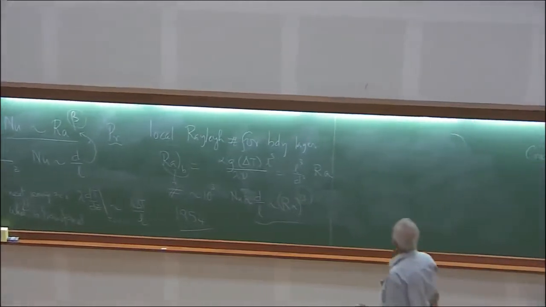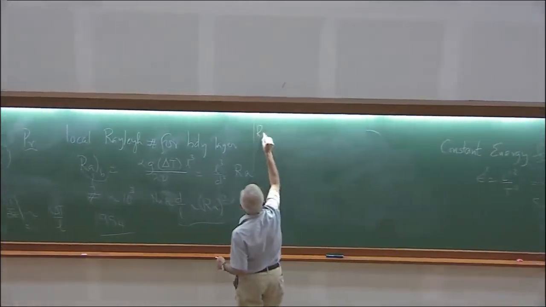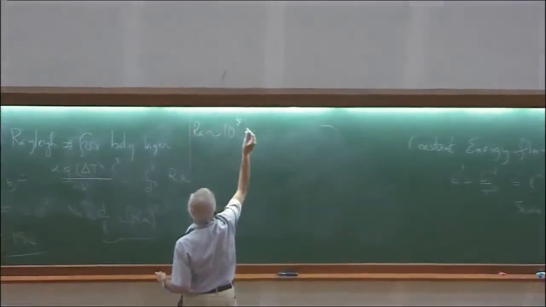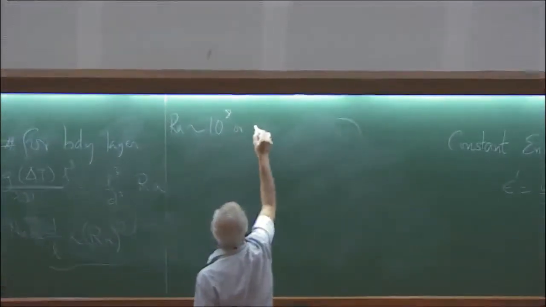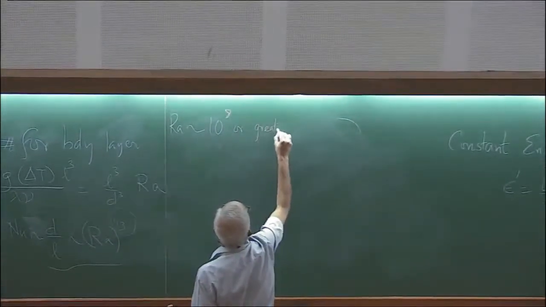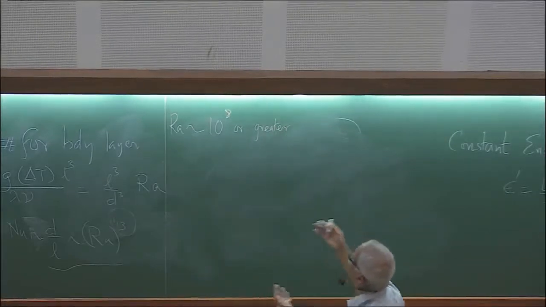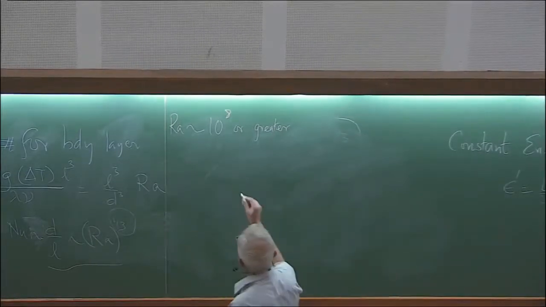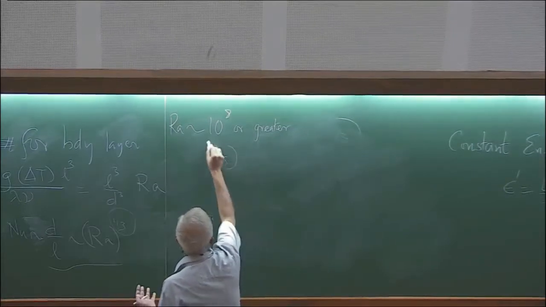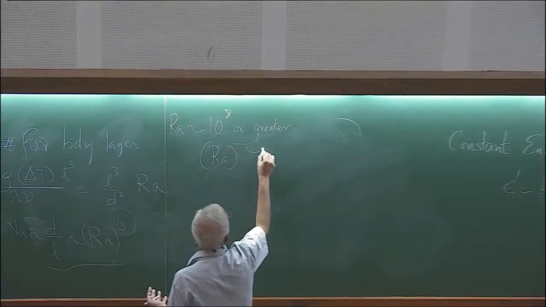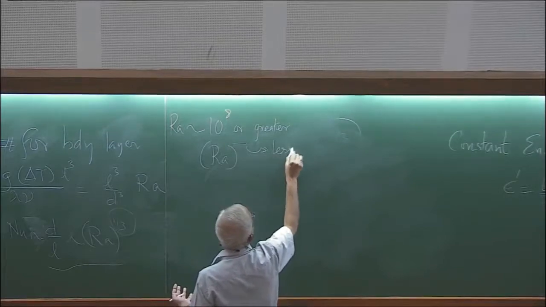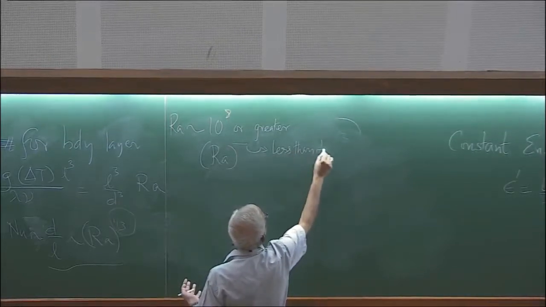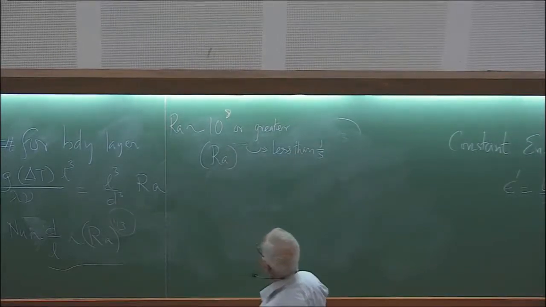So, Rayleigh number of the order of 10 to the power 8 or greater. What you saw 2 days ago was Rayleigh number up to 10 to the power 13. And here it is Ra to the power something which was less than 1/3.